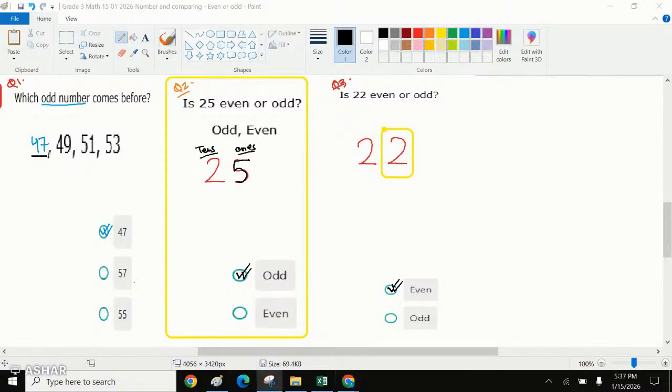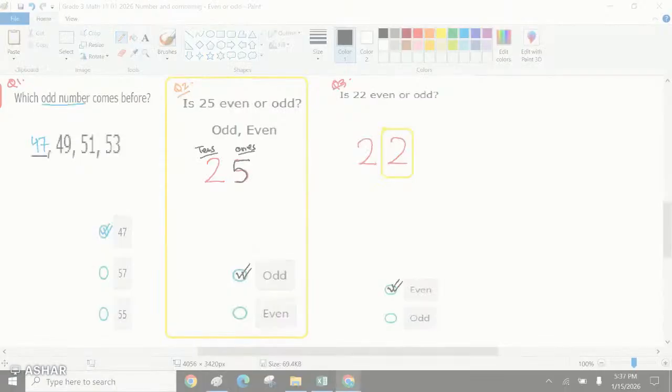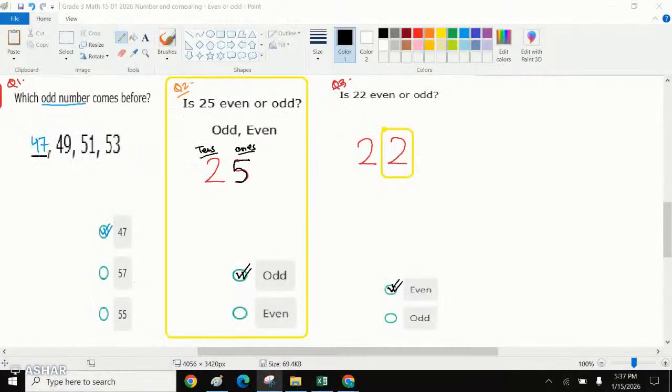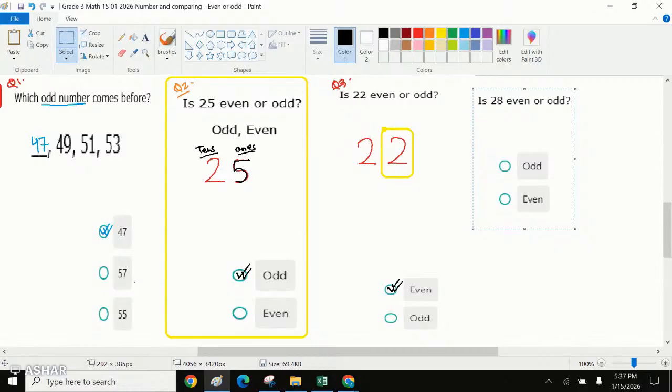For the next question, they change the number and they're asking us, is 28 an even number or an odd number? Question number 4.